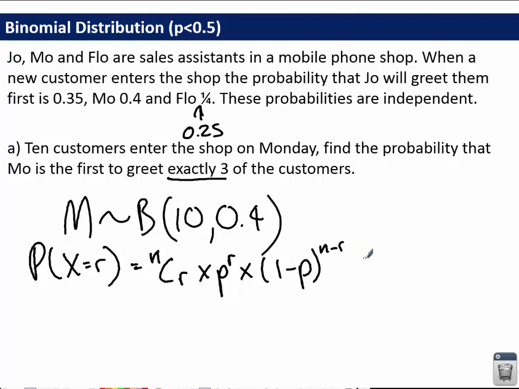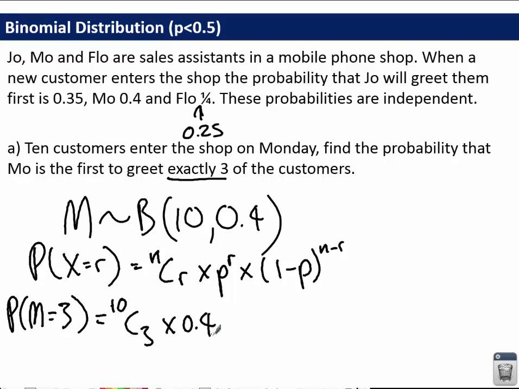In this question, we're working out the probability that M is equal to exactly 3, so the probability M equals 3 is 10 choose 3, and p is 0.4, so times 0.4 to the power 3, times 0.6 to the power n minus r, so it's 10 minus 3, which is 7.